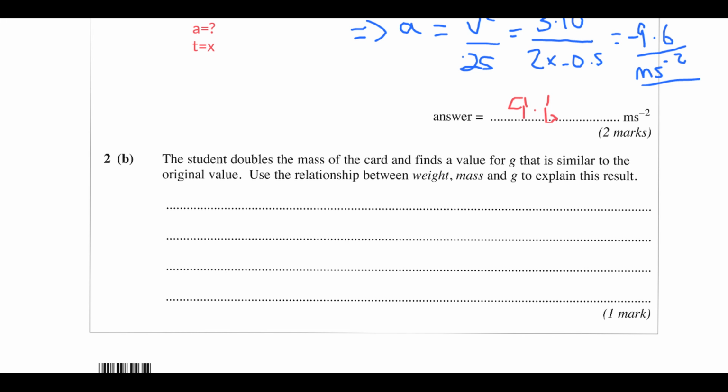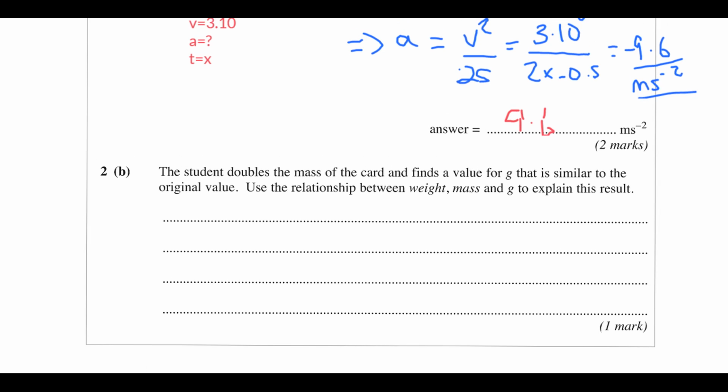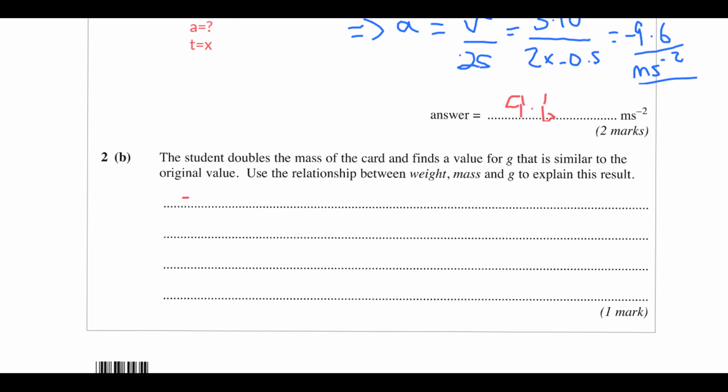So first of all, the acceleration is the resultant force divided by the mass, and the force is the weight force, which is mg. So then in theory it shouldn't matter what the mass is, you should get an acceleration due to g, because the masses always cancel out.